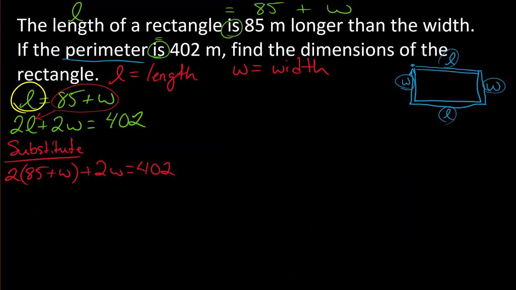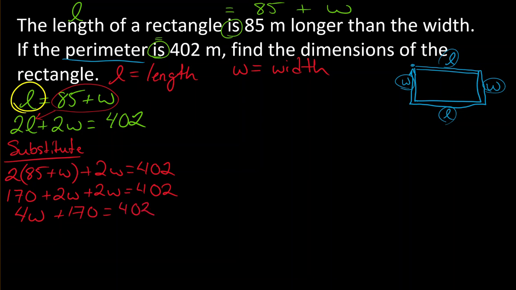Absolutely we have. So now all we have to do is solve for W, gather our like terms, and simplify. 2 times 85 is going to be 170 plus 2W plus 2W equals 402. So if I gather our like terms, we have 4W plus 170 equals 402.